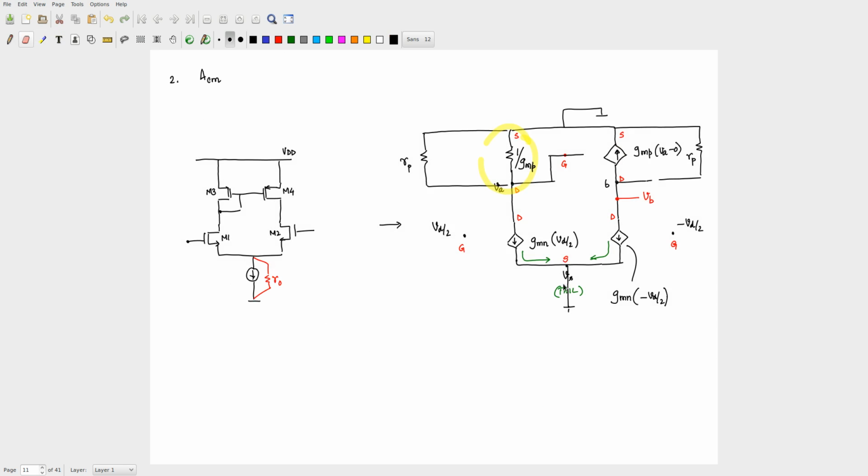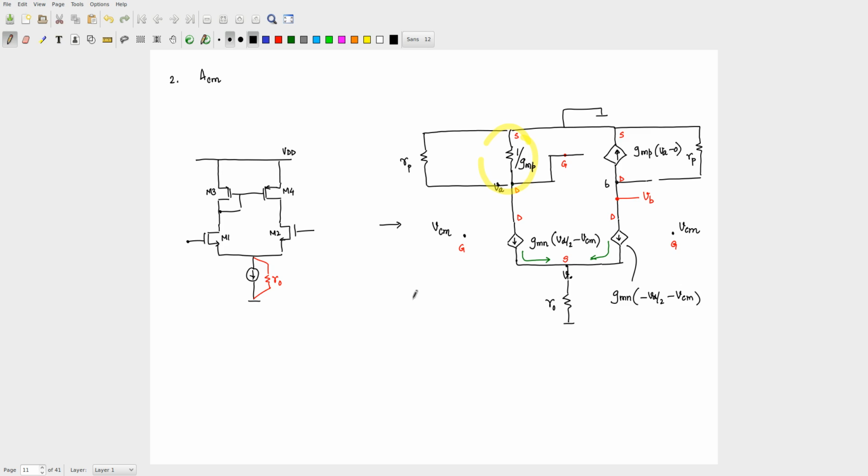Okay, so let me just correct this one first. So this would be VCM, this would be VCM, minus VCM, and here the current source itself will disappear in the incremental circuit, but I will have an R0 here which is connected to ground.